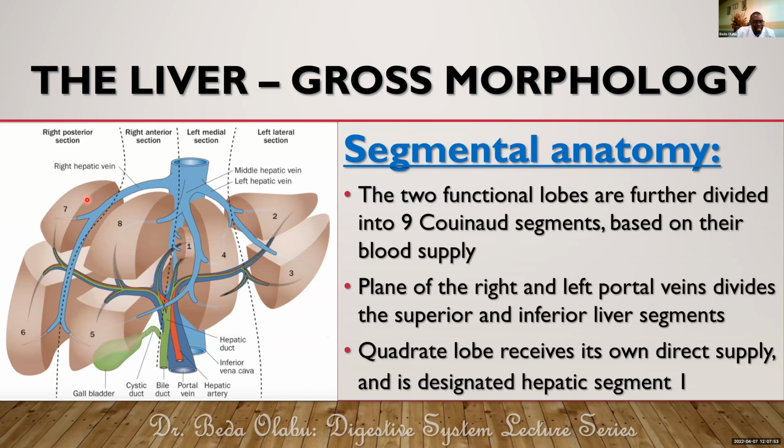So if you've gotten that division, and remember the plane of the portal vein split the liver into upper segments and lower segments, now we are good to go in knowing segments 2 to 8, and I'll tell you why I said there are 9. So segment 2 is basically the left lobe, which is on the superior aspect and lateral as well.